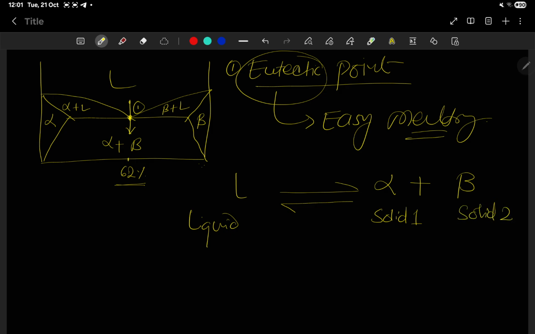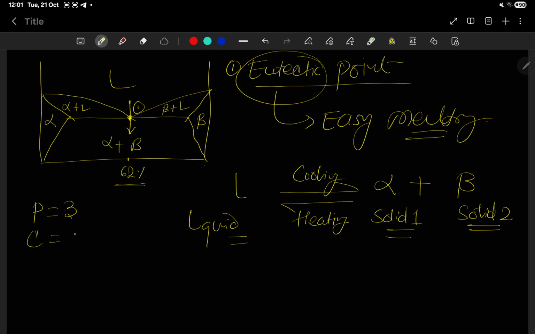If we cool, we get alpha plus beta, and if alpha plus beta is heated, we get the liquid phase. So we have 3 phases: solid 1, solid 2, and liquid.